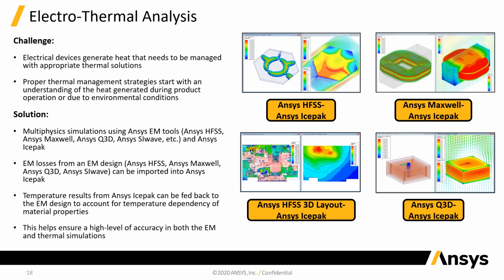After you've done your electromagnetic simulation, you can send that information to ANSYS IcePak, which will run the thermal analysis and determine the temperature at which your model is operating. IcePak can then send that information back to the electromagnetic solver, where it can run the simulation again, changing the material properties based on the information from IcePak.